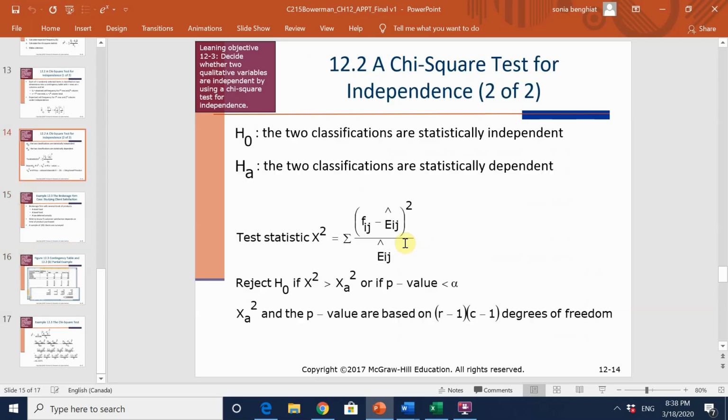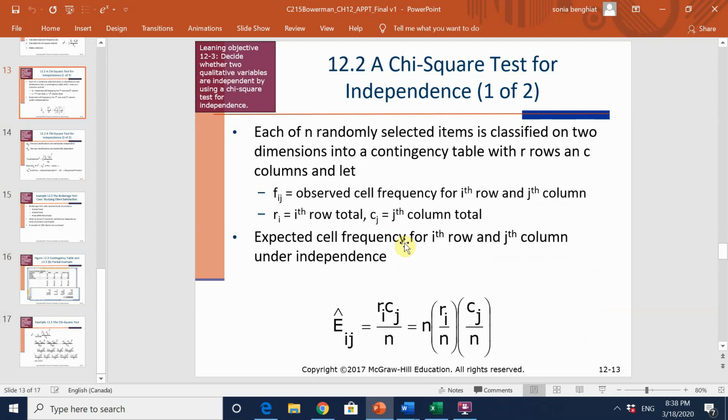Let's go back to the way these cells are identified. Cell Fij represents the frequency count for fund type i and level of satisfaction j.